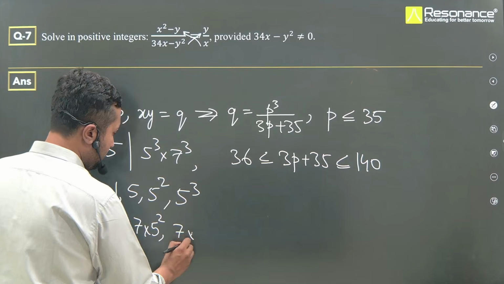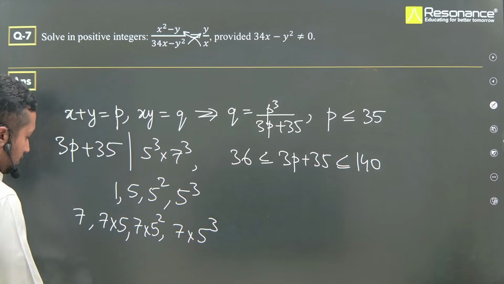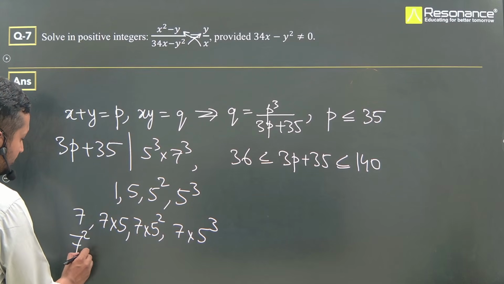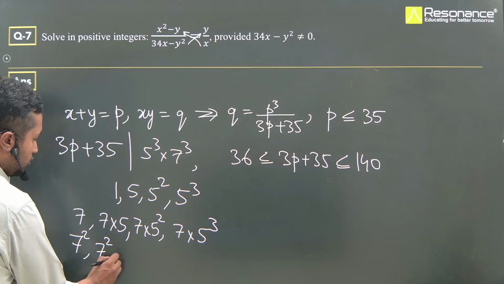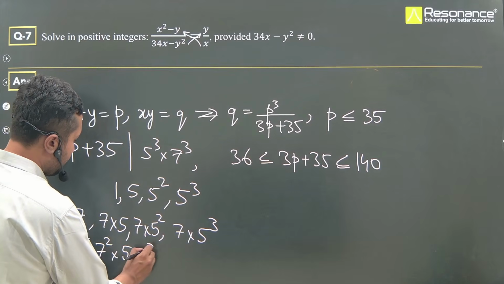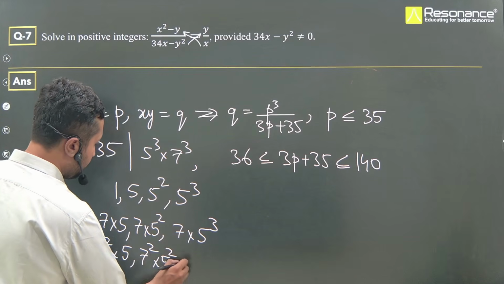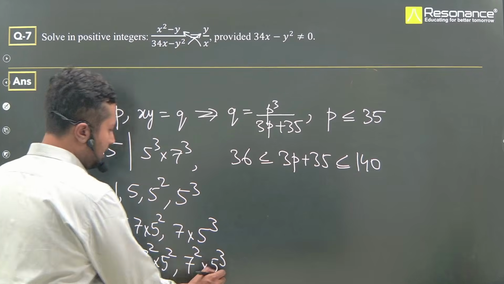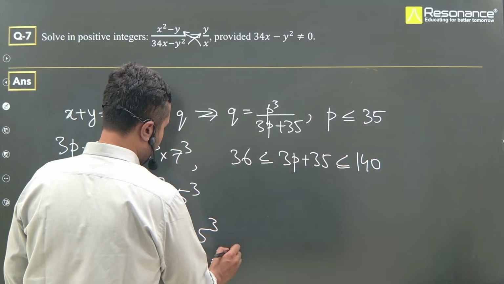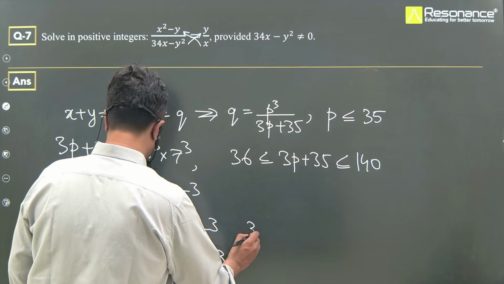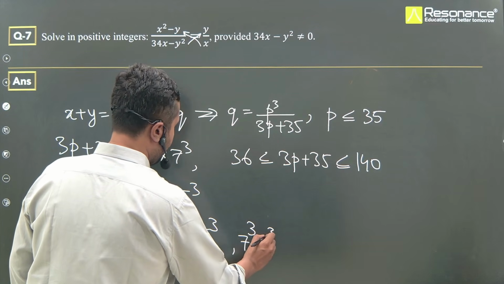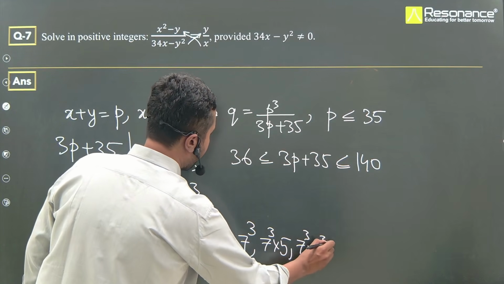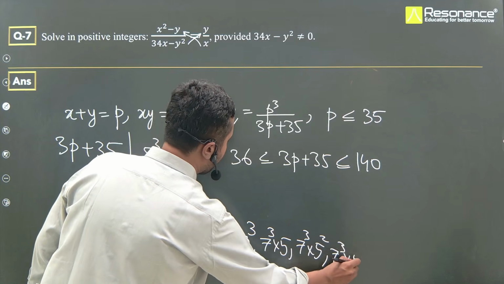Then 7 times 5 cubed, then 7 squared, 7 squared times 5, 7 squared times 5 squared, 7 squared times 5 cubed, and then the last line, 7 cubed times 5, 7 cubed times 5 squared, and 7 cubed times 5 cubed.